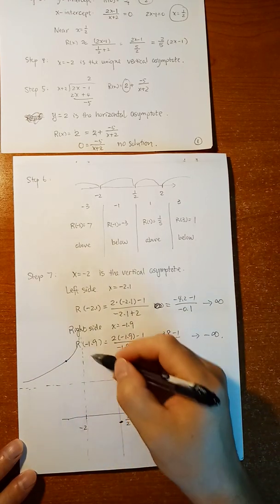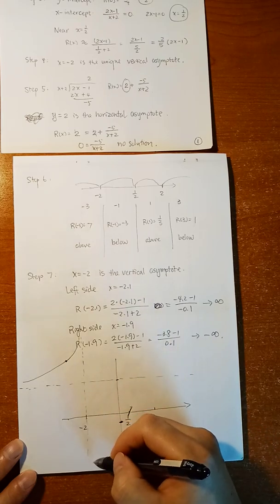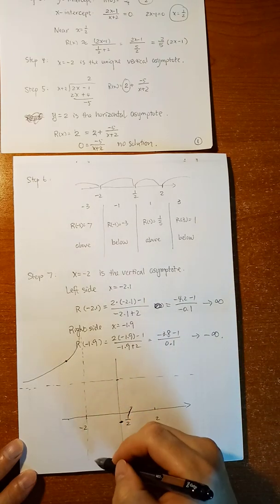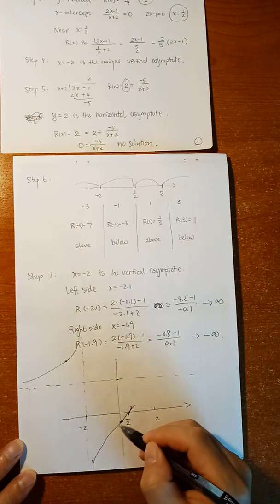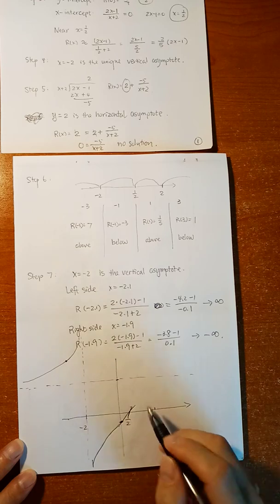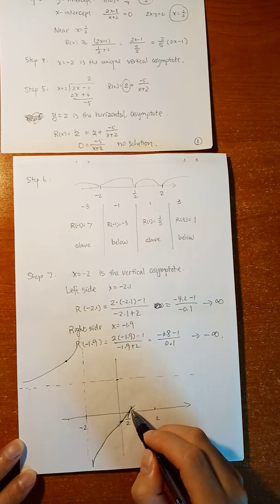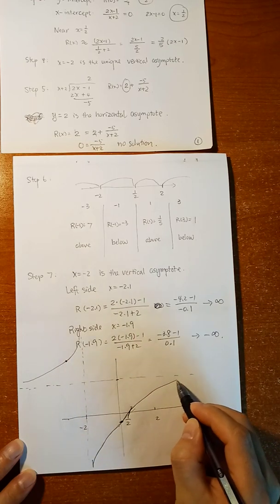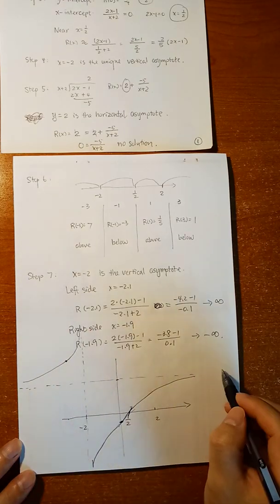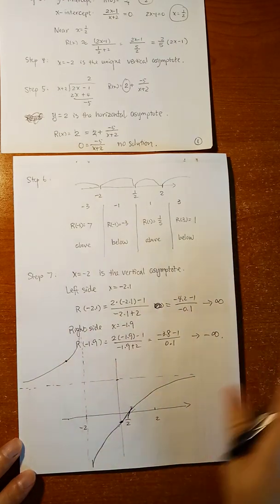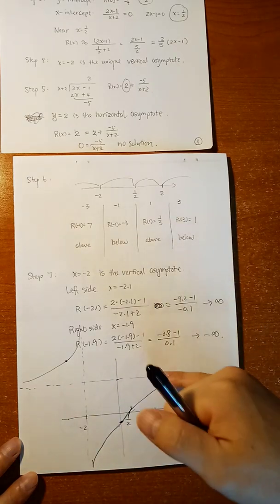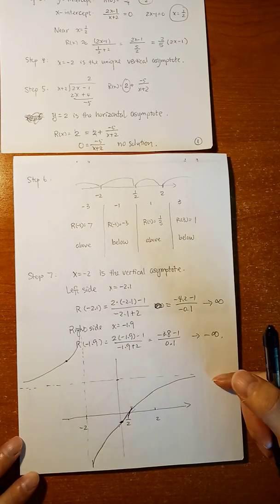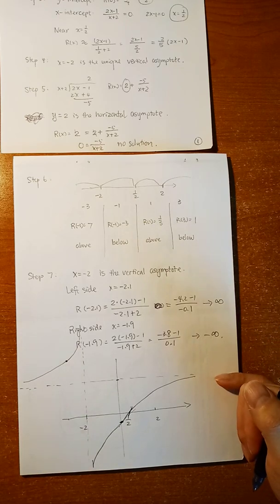Okay, and when x approaches the vertical asymptote from the right side, it's -infinity, so it's this way. So you connect them, and here it will approach the horizontal asymptote when x approaches positive infinity, from below, because it cannot cross the horizontal asymptote, right?